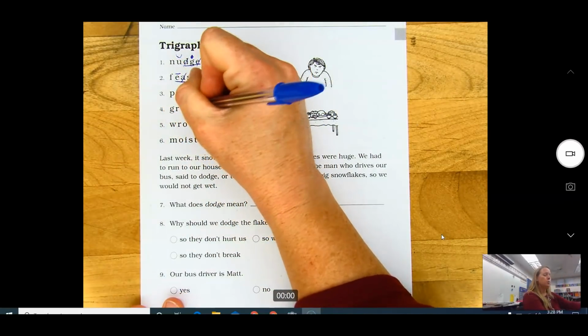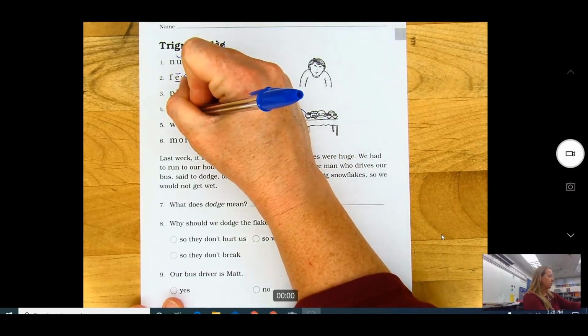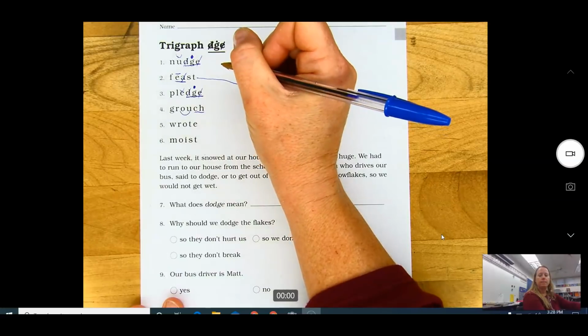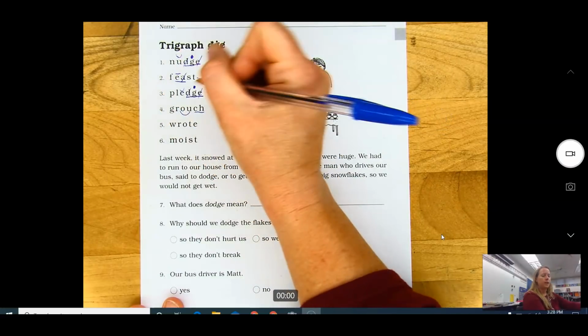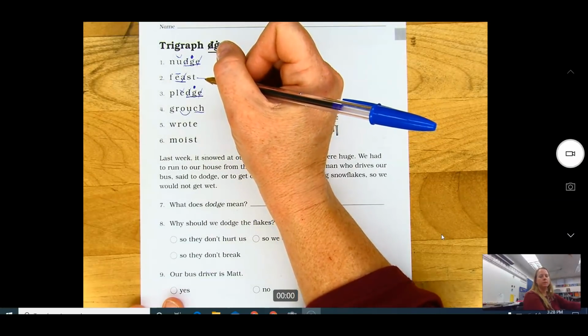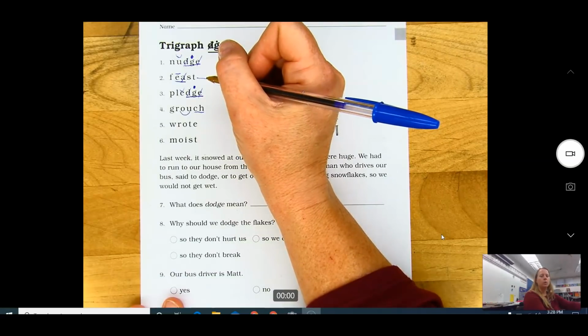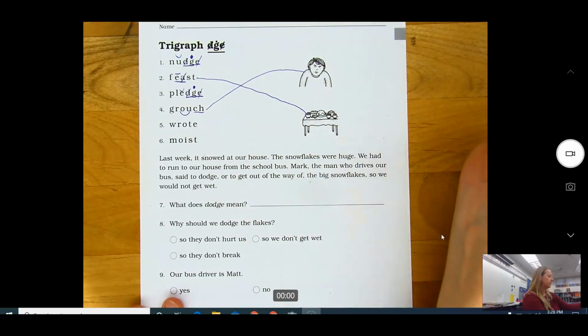Okay, so OU is a diphthong, and that is coded with an arc. And it says ow. GR is a blend because those two letters together make the grr sound. Grr, ouch, grouch. And this guy right here looks like a grouch.